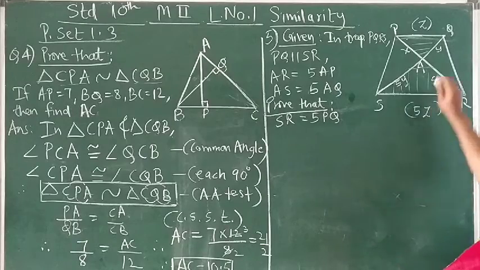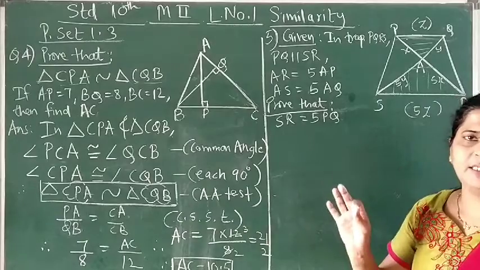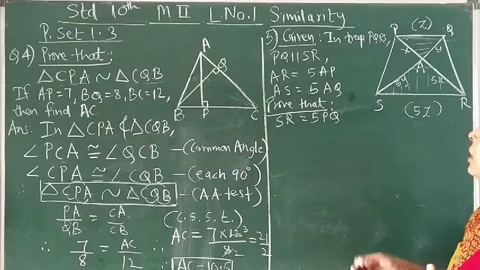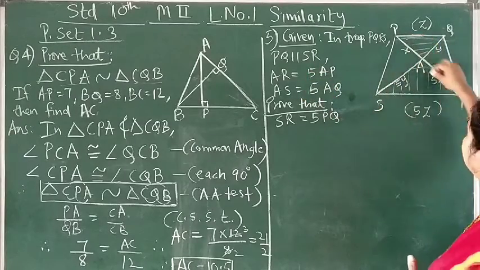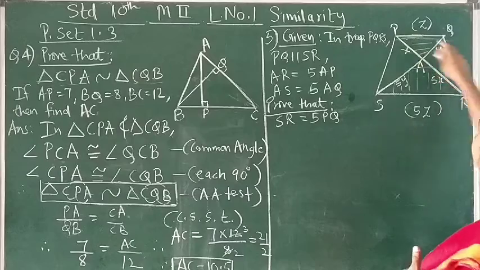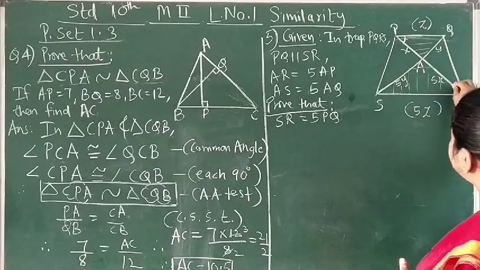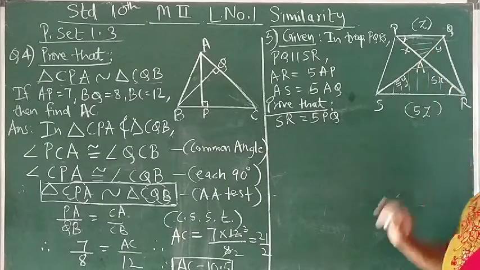Now here, using the AA test is the very easy part, so try if you can show it by the AA test. If these two triangle sides are parallel, and you take PR as a transversal of PQ and SR, you can prove that angle P is congruent to angle R because these two are alternate angles.